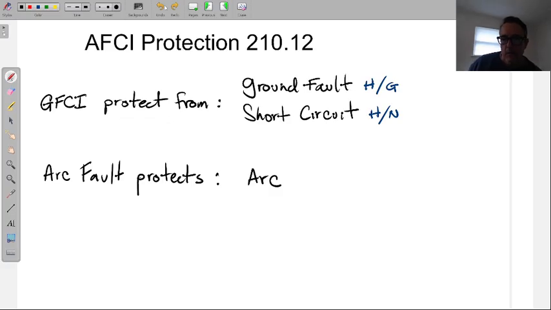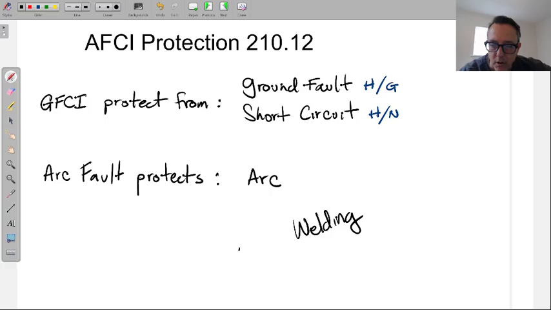Well, what you are describing by a hot and a ground touching is something that welders do. That is called welding. There is a welder called an arc welder. An arc welder is somebody holding the hot conductor. The piece of metal that you're going to weld is grounded to your welder, and you are DC current, so we're okay.